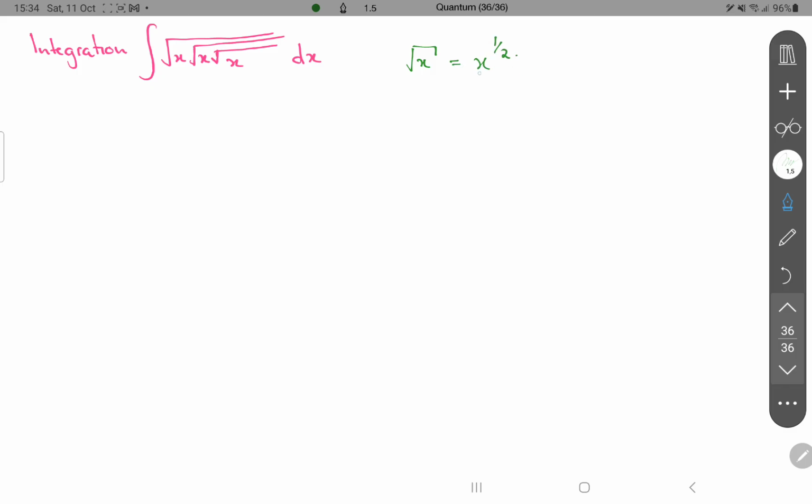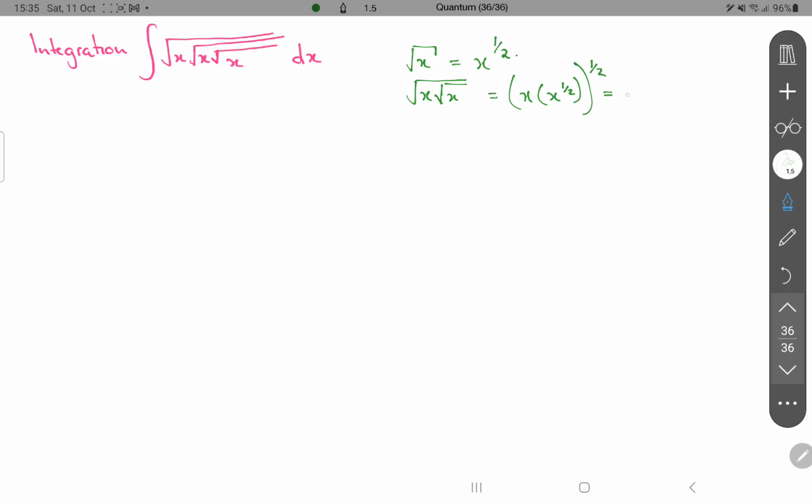So if I say the square root of x, another square root of x, what do I mean? I mean to say I have x to the power a half, and inside here I have x to the power a half and everything x to the power a half.